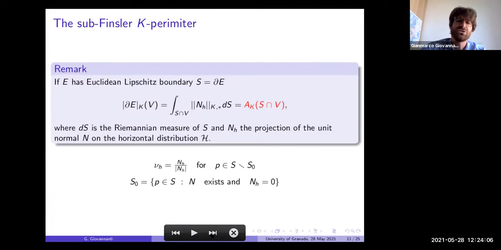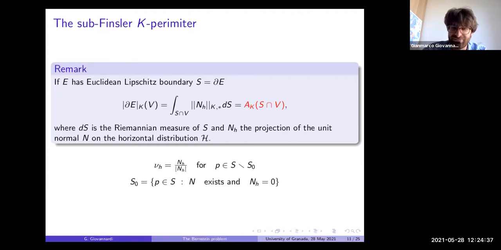Okay, so now we consider a set that has Euclidean Lipschitz boundary, and we denote the boundary of E by S. If we have a Euclidean Lipschitz boundary, the perimeter K is indeed an area functional, and we denote this area functional by AK.